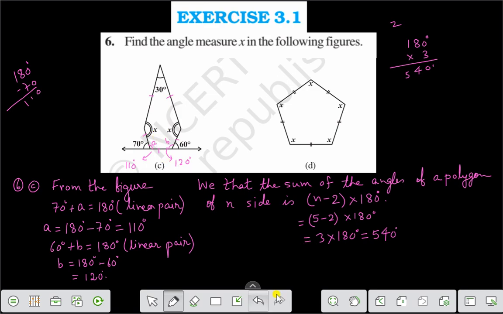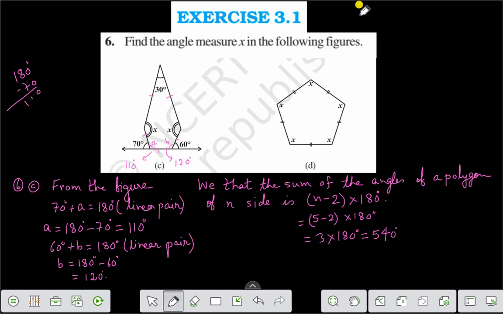Now let us add this one. Here you see, if we add all the angles, this one is 30 degree, this is x, this is x, this is 110, this is 120 degree.